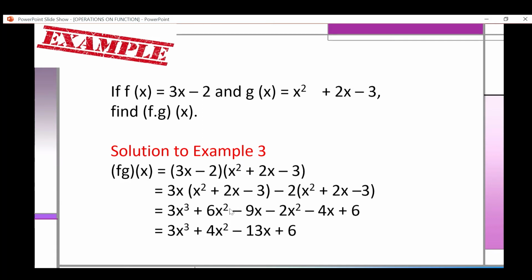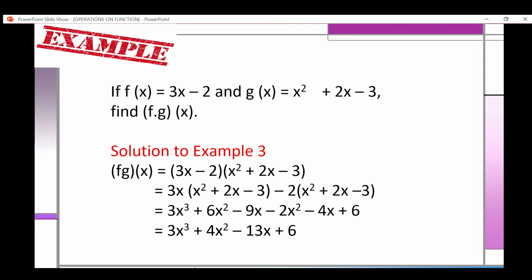And then, yung may x naman, itong dalawa. So, negative 9x tsaka si negative 4x, negative 13x. Tapos, yung constant, mag-isa lang siya, so copy lang. Okay, so ito yung final answer natin. 3x cubed plus 4x squared minus 13x plus 6.